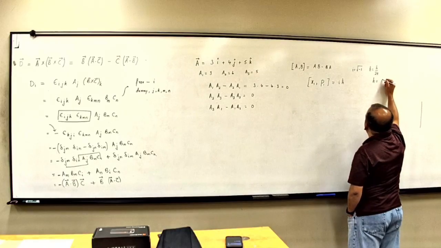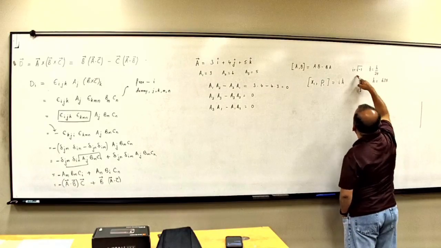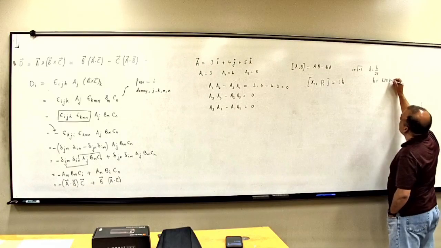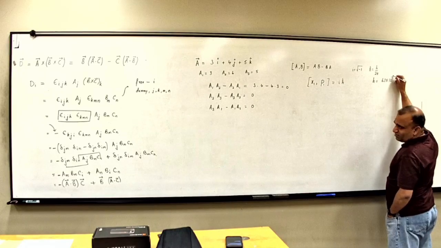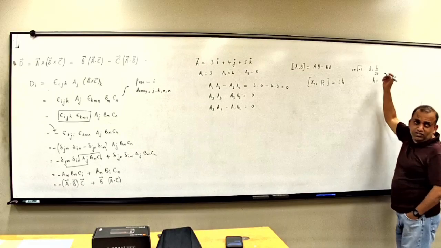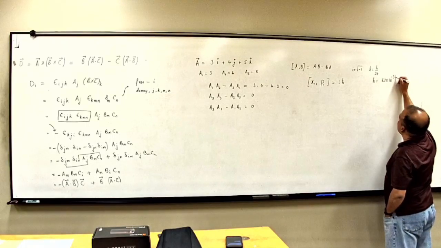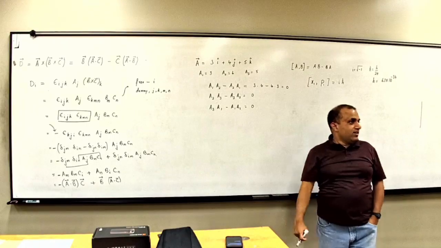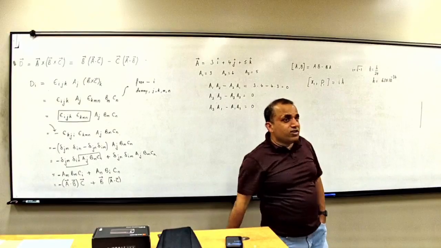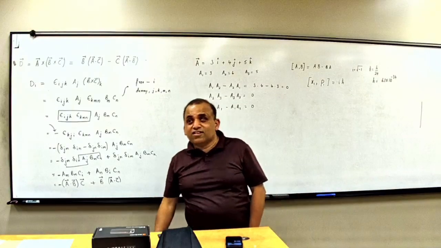How much? 6.6, I don't remember. I know the h bar actually, times 10 raised to minus 34. What is the unit of Planck's constant?